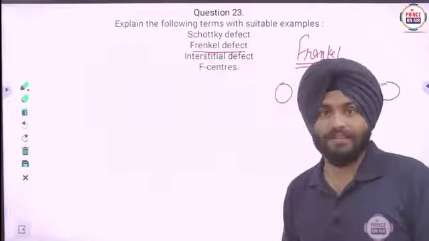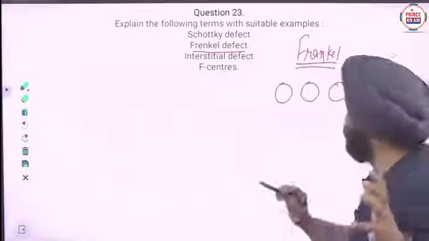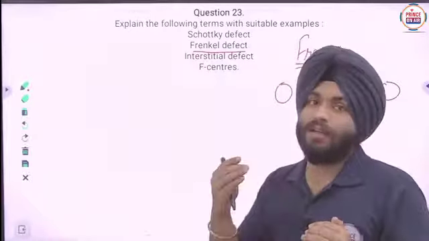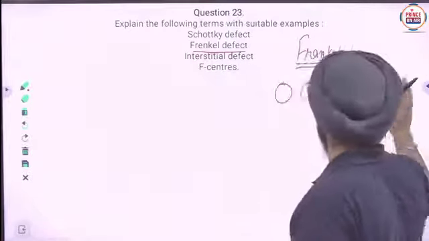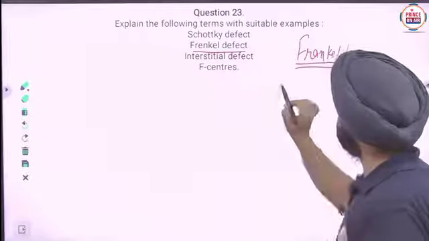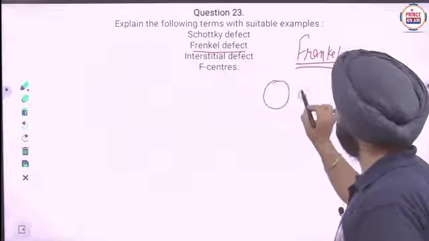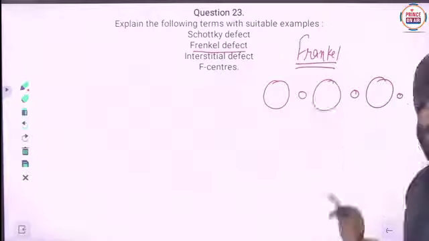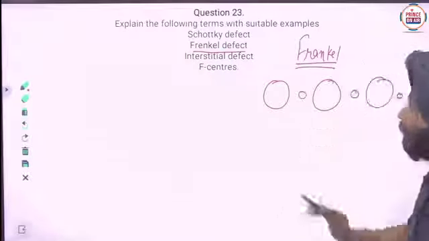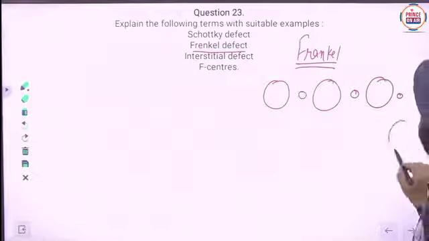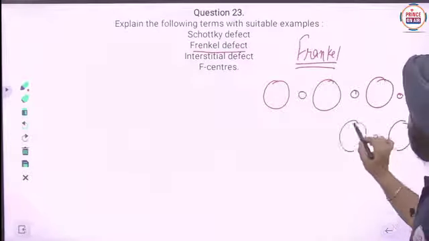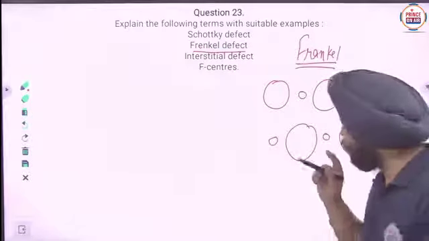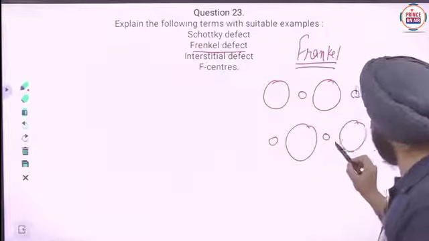This defect is seen only when the size of the cation is much smaller than the size of the anion. So smaller are the cations and bigger are the anions.